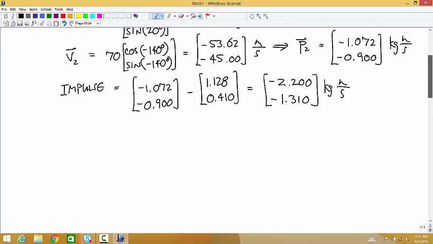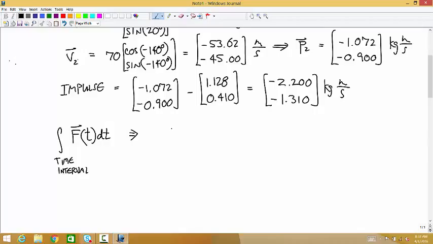Okay. So now for the impulse part. That's the momentum part in the impulse momentum equation. The definition of impulse is the integral over the whole time interval of the force as a function of time dt. So I'm going to break that up into two separate components.